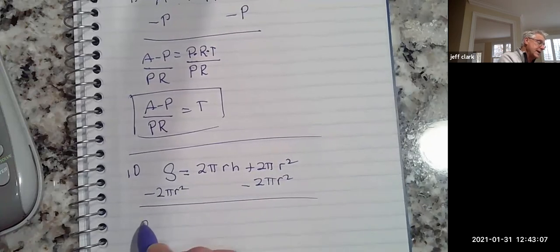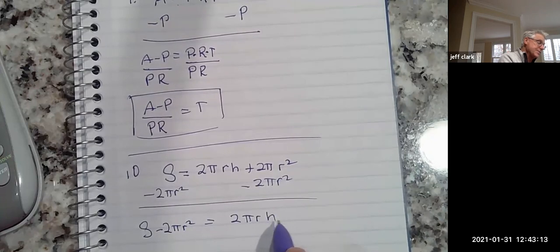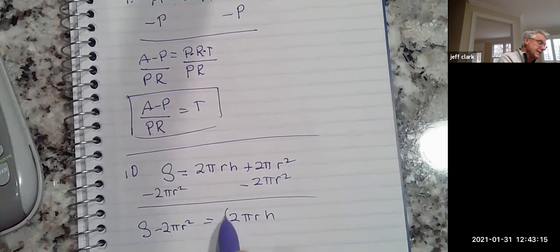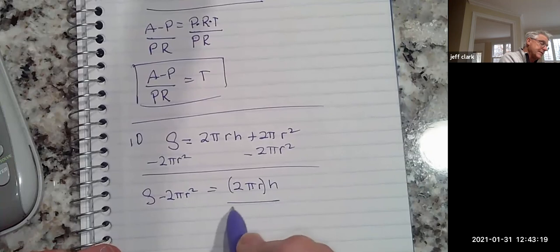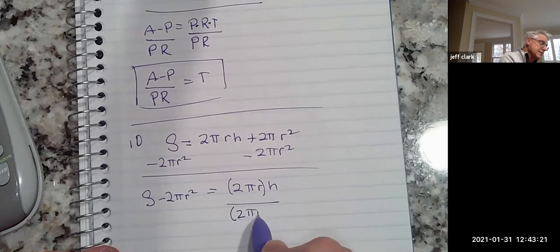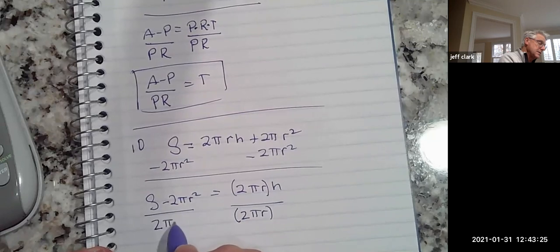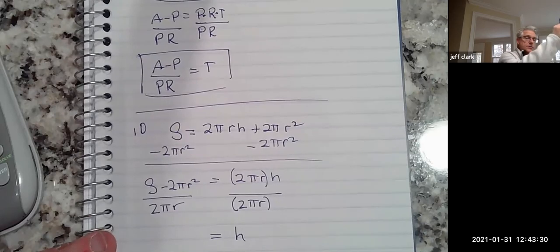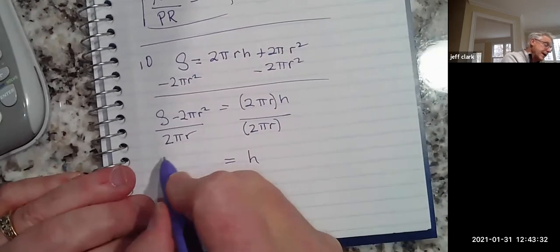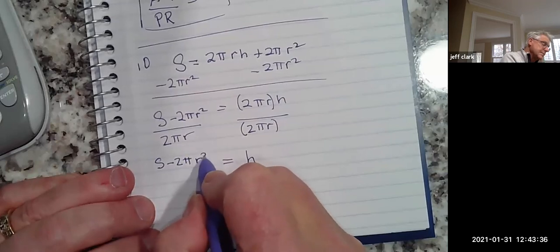So I'm left with S subtract 2 pi R squared is equal to 2 pi RH. And again, all of this right here is being multiplied, so get rid of it by dividing both sides by that. And then you are finished. So H equals the left-hand side. It's a big mess, but you're done.